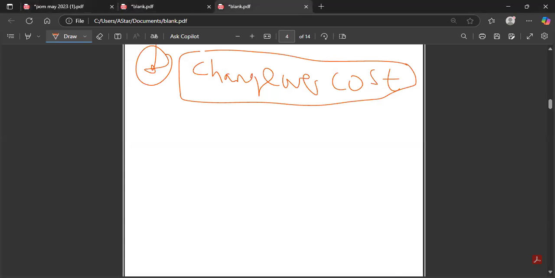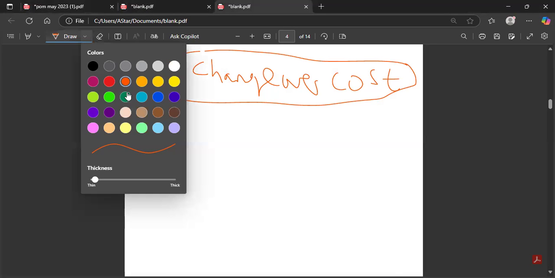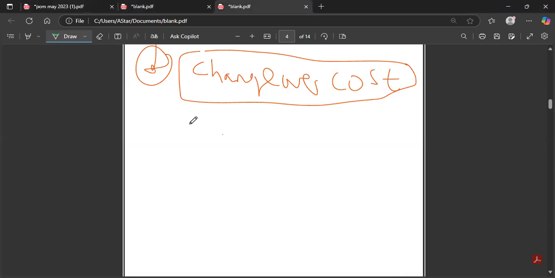So what is changeover cost? Changeover cost is a cost involved in changing production.